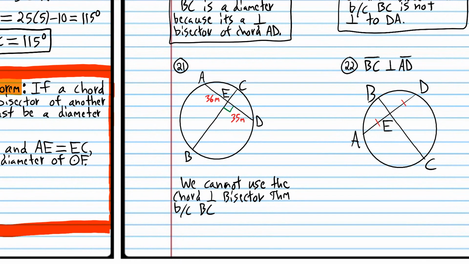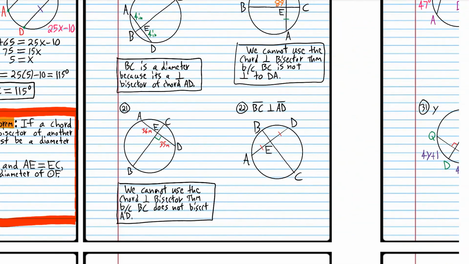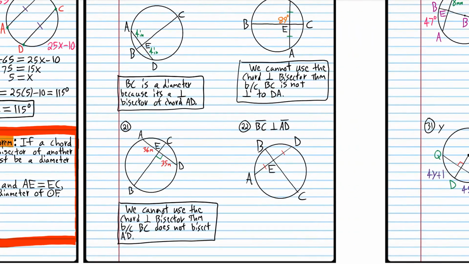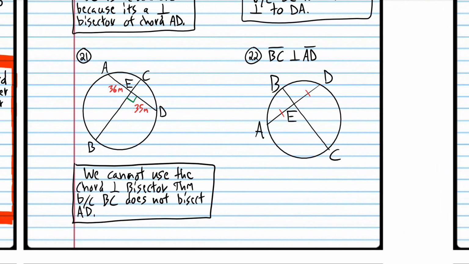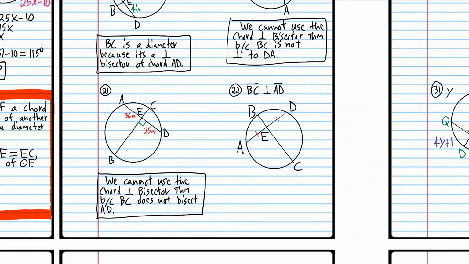Because BC does not bisect AD. So this is just giving a brief explanation of why we cannot conclude that BC is a diameter. All right, so if you got that answer, good job. It should be something along those lines that you wrote.